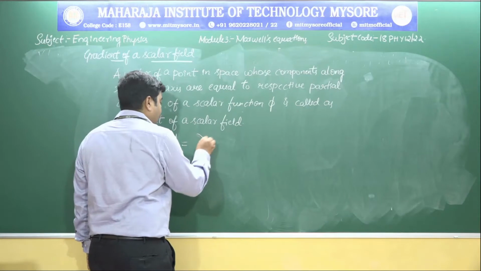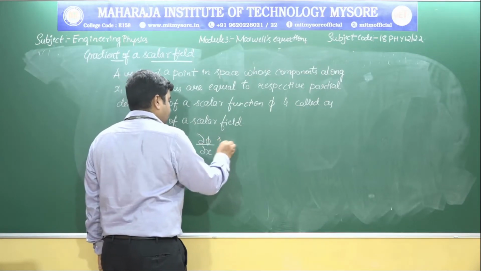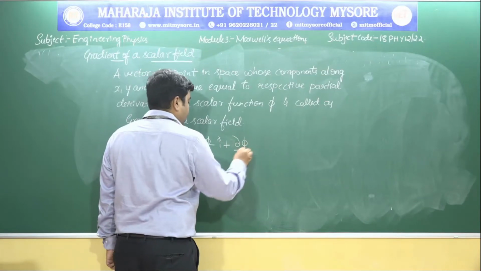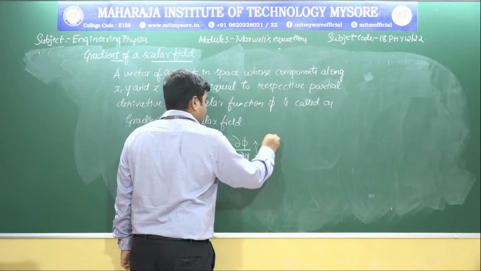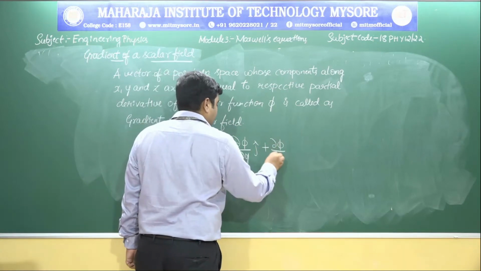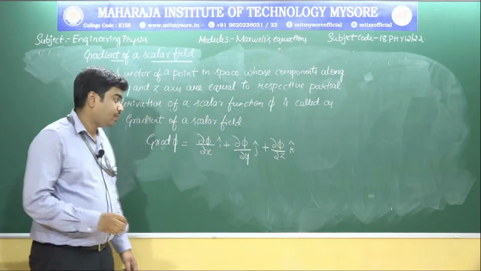Since we are considering the scalar field to be phi, a gradient of phi or a grad phi is equal to dou phi by dou x into i cap plus dou phi by dou y into j cap plus dou phi by dou z into k cap.